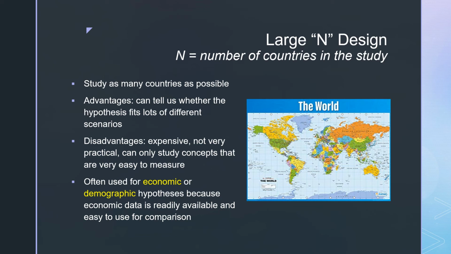You don't even have to do field work. You can just sit in your computer in your office and do the work. So we could definitely use the large N design to test our hypothesis because it's easy to find measures of economic development and level of democracy for every country in the world. And that's basically what our friend Mr. Lipset did back in the 1960s.